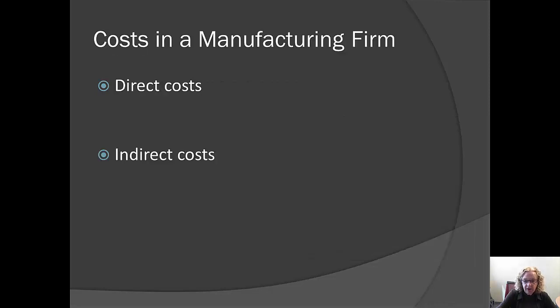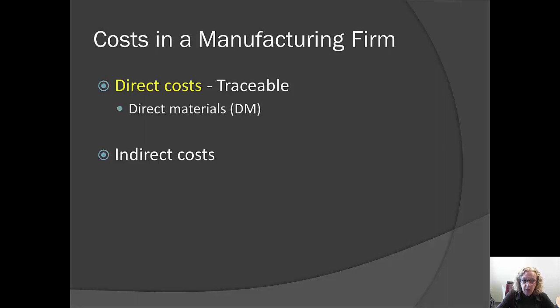Let's look a little bit more at the costs in a manufacturing firm. Some costs are considered to be direct costs. Others are treated as indirect costs, and you need to understand that difference. Direct costs are traceable. That means there is a paperwork trail showing how much of those costs went into the various products that we manufacture.